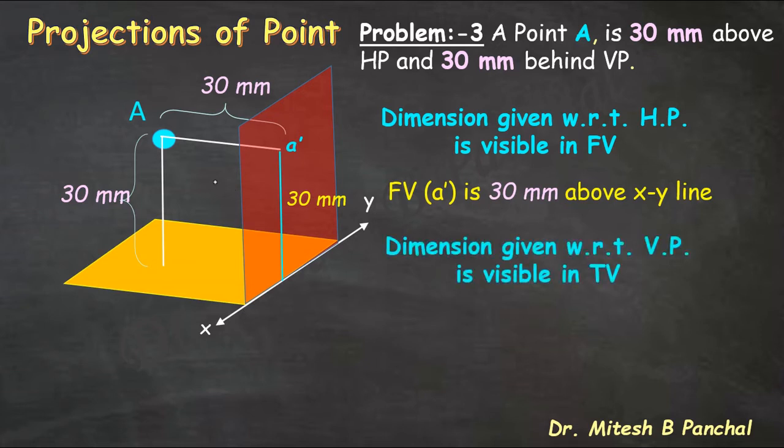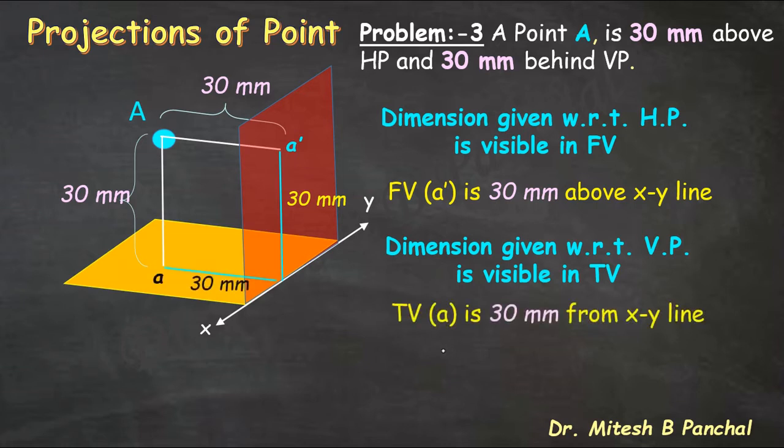Similarly, dimension given with respect to VP is visible in top view. So top view of point A, which is the projection of an object on HP, that is a, is 30 mm from XY line. So here front view is 30 mm above XY line, as well as top view a is 30 mm from XY line.